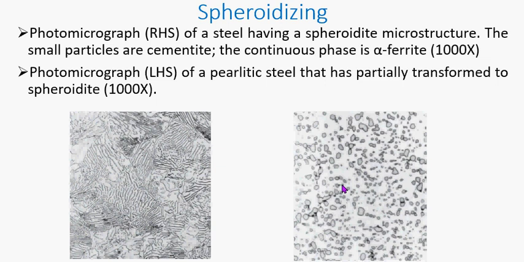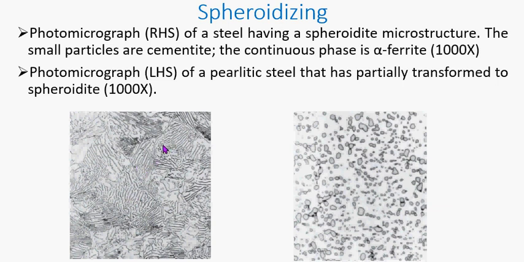So this is much more ductile than this, though this one is just partially spheroidized pearlite. Actually it's pearlite, but it has been just partially spheroidized. So you can see the spheroidized circles there within. So this is more ductile than this.